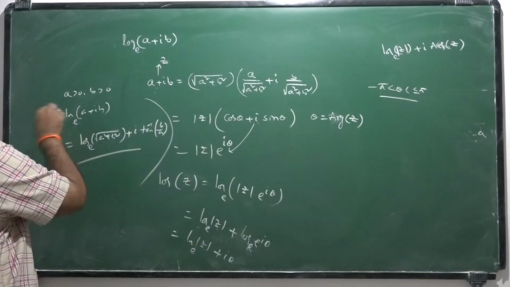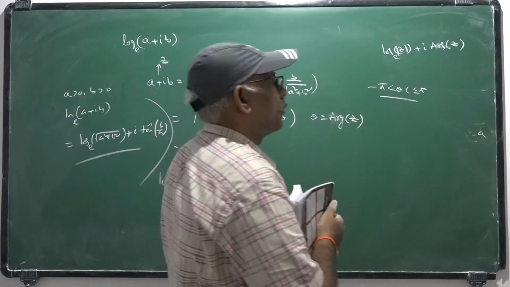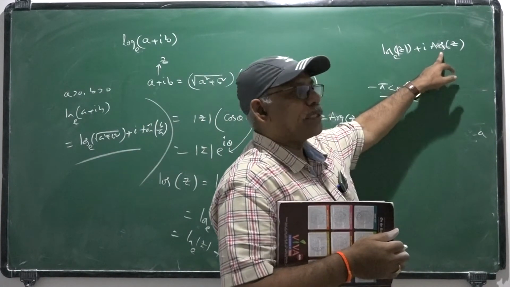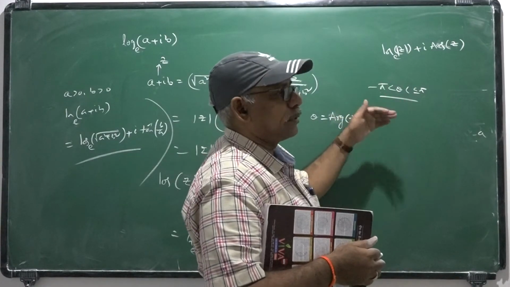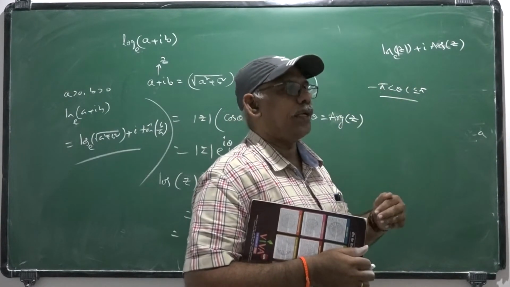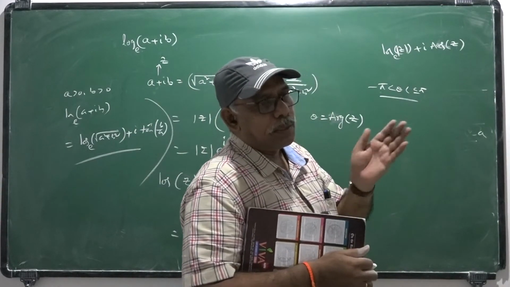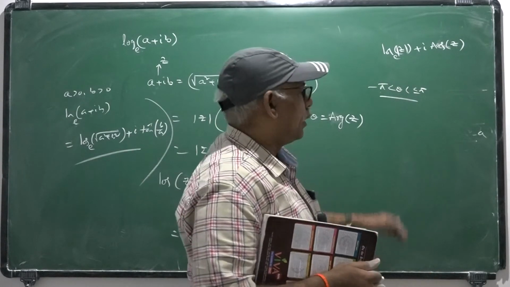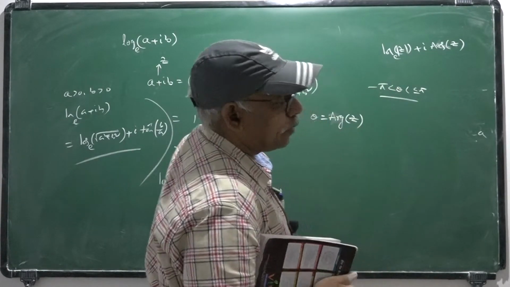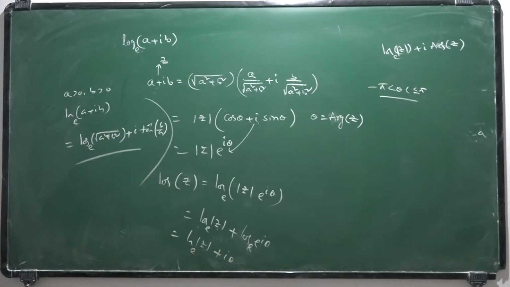Once the complex number lies in the first quadrant, the principal argument lies between 0 and pi by 2. Once the point related to the complex number lies in the fourth quadrant, it lies between minus pi by 2 and 0, that means minus theta. Like that, the principal argument can be considered. So, this is the logarithm of the complex number.